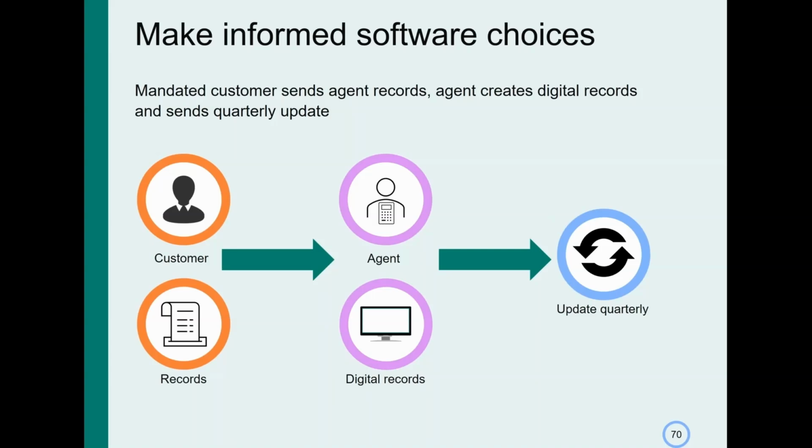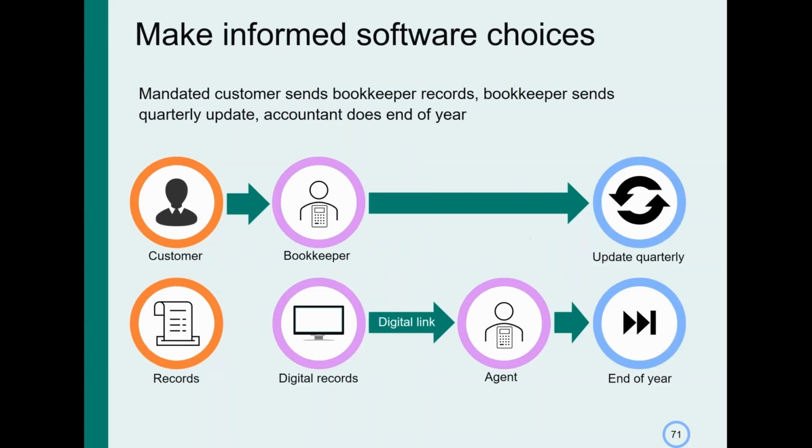In the last example, we are illustrating how multiple agents and multiple software products can be used to meet the requirements for Making Tax Digital. During the tax year, the mandated customer sends a bookkeeper their business records using compatible software. The bookkeeper creates digital records and sends the quarterly submissions.